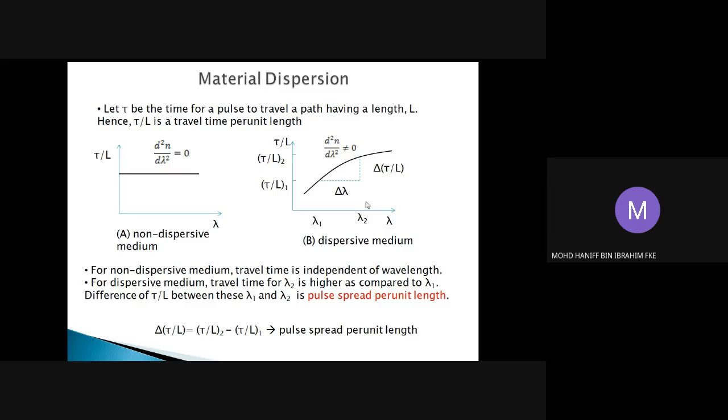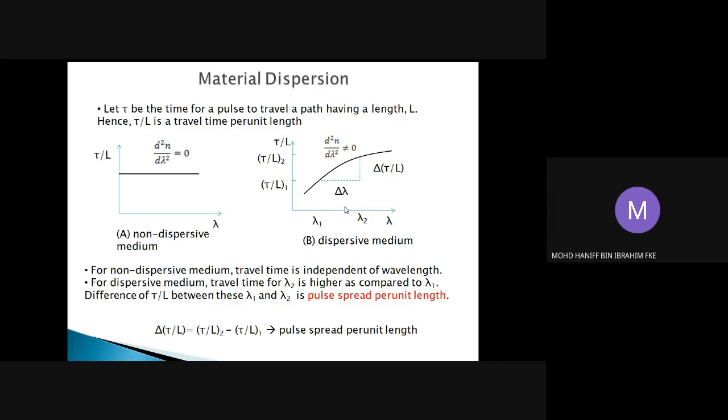I repeat again. When we have light having a lambda 1 wavelength, the time taken for the pulse to travel a distance of L is symbolized as tau over L1. And if we have light having a lambda 2 wavelength, the time taken will be tau over L2.